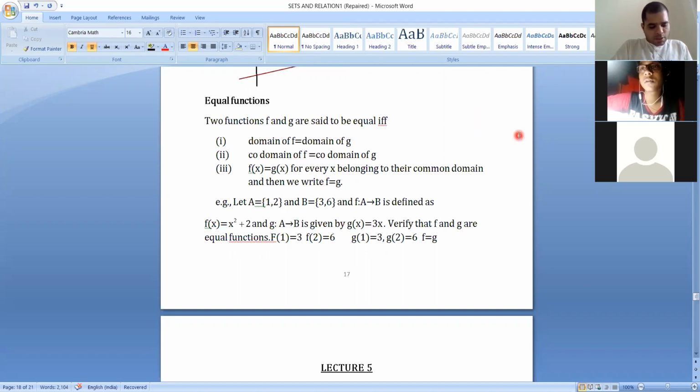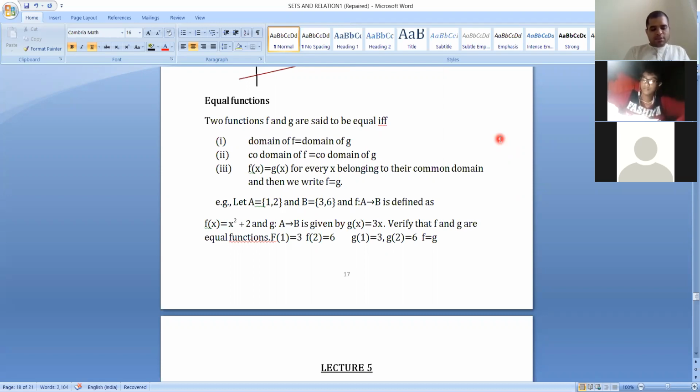So the question is saying, I'm reading it to you. Let f be a function from Z to Z. What does Z to Z mean? Integer to integer. The domain is integer and the range is also integer.